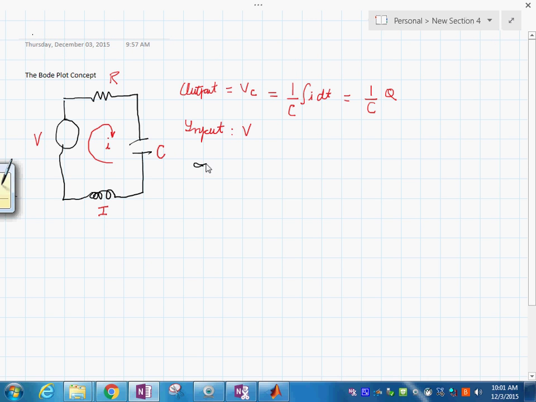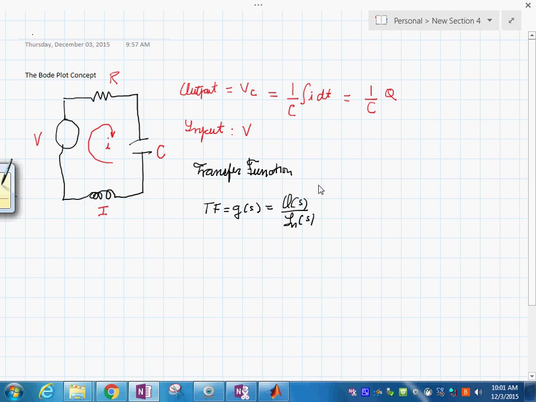The transfer function, normally we call it G of s, is the relationship of the output that we want in relationship to the input.